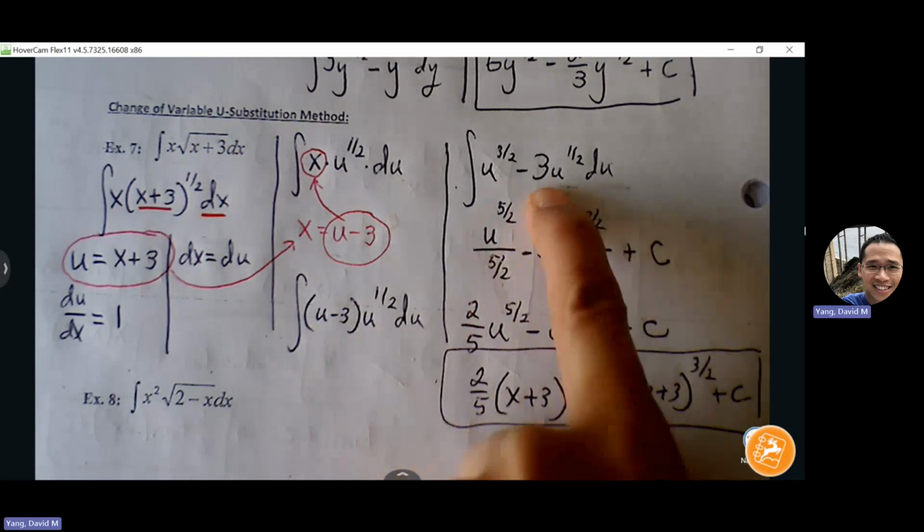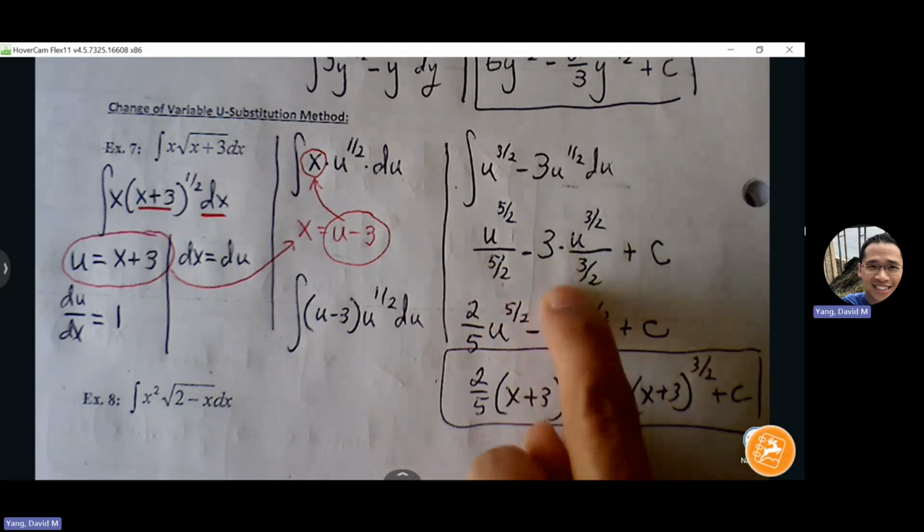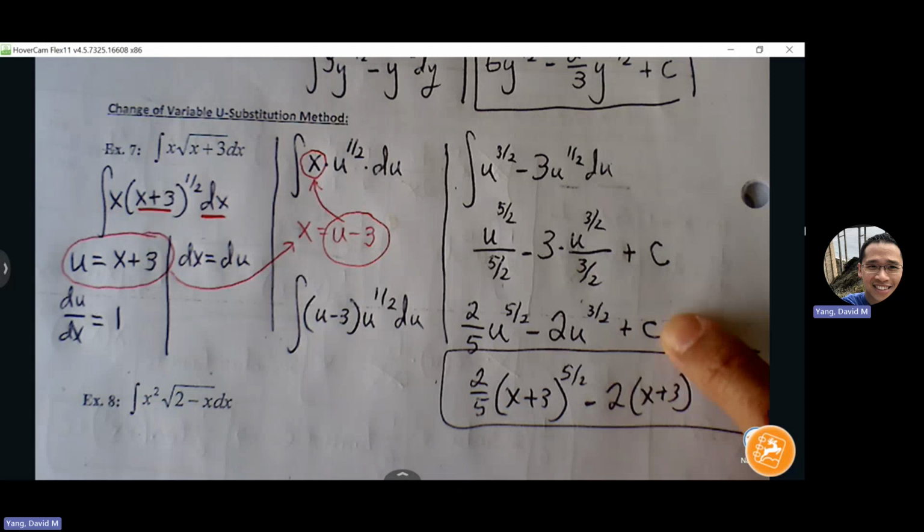Distribute that through. Once we distribute that through, then each term is ready for power rule. Then we apply power rule for each term. And then when we get our answer, our antiderivative, keep in mind that u is only a temporary variable. We want to make the u go back to the original variable of this term. In this case, the original variable is x.